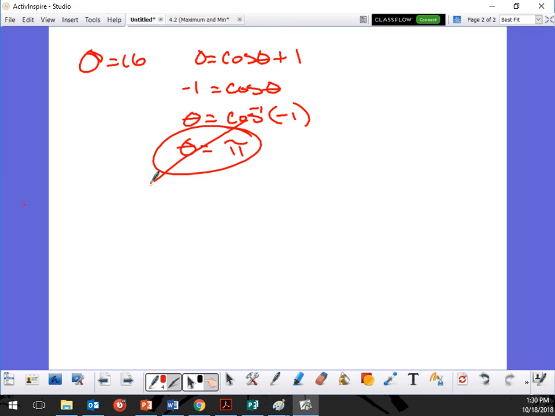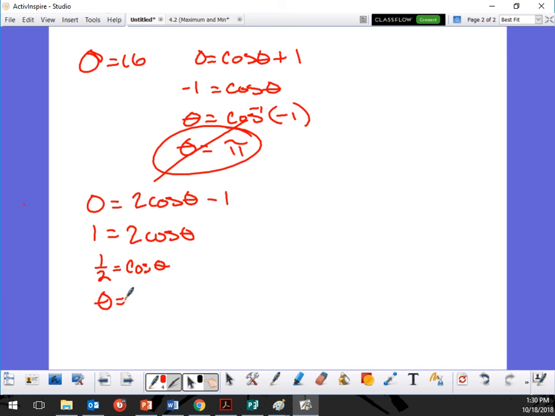Now the other piece was 0 equals 2 cosine theta minus 1. Move the 1 over, so 1 equals 2 cosine theta. Divide by 2, so it's going to be 1/2 equals cosine theta, and do the arc or inverse on this.